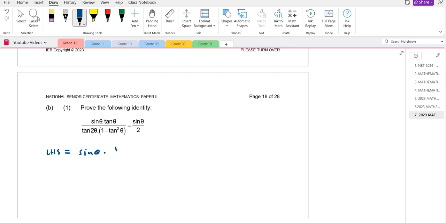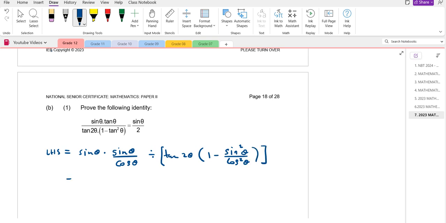Tan theta is sine over cos, right? And I'm going to divide it by tan 2 theta into 1 minus sine squared theta over cos squared theta. So I hope you guys understood that.